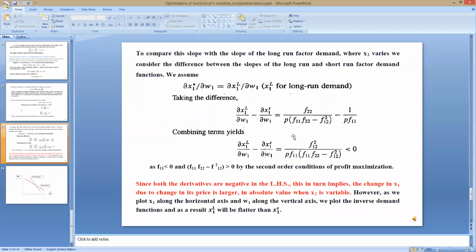So this difference is negative. So long run minus short run is negative. That means the absolute slope of the short run is greater than the absolute slope of the long run. Please note down this fact.